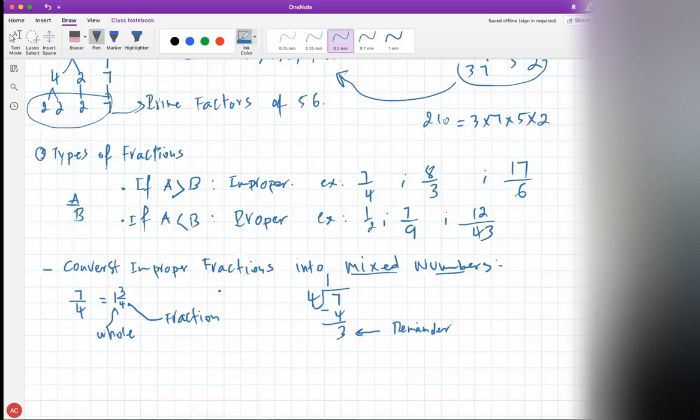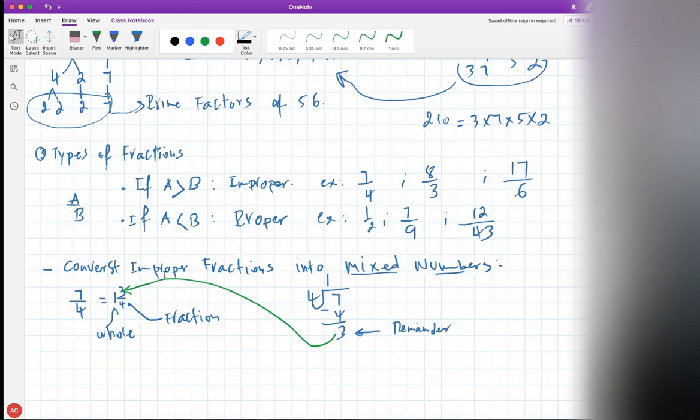That's why we have 3 here. So 4 divided into 7 is 1. That's why we have 1 here. The denominator stays the same. And what goes here is the remainder of this division. So 4 goes into 7 once, and the remainder is 3. So that 3 is why we have 3 here.